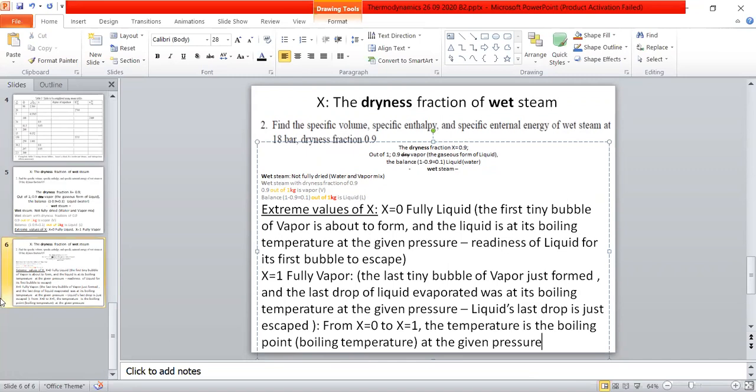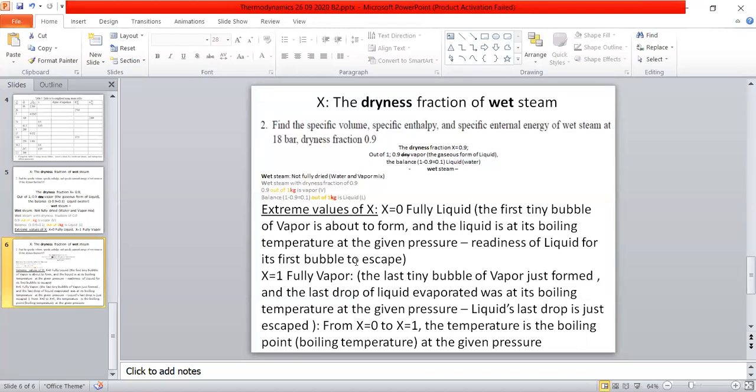Quite interesting. So at the 2 ends, x equals 0 is at the boiling point, vapor about to form, and x equals 1 is again still at the boiling point, same pressure.